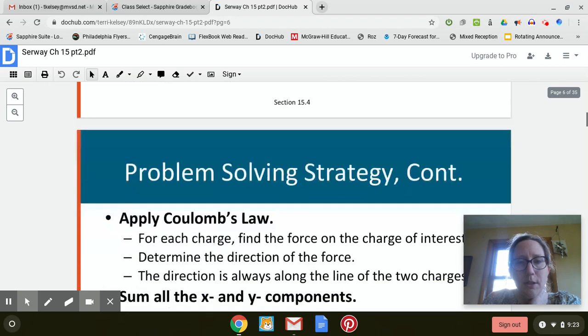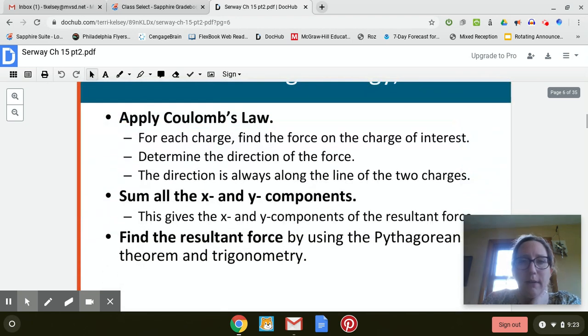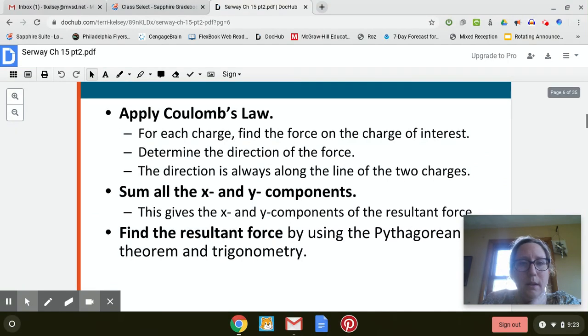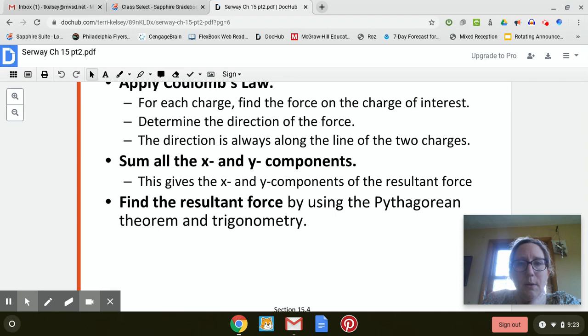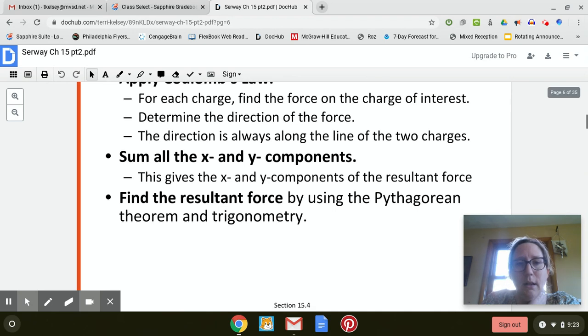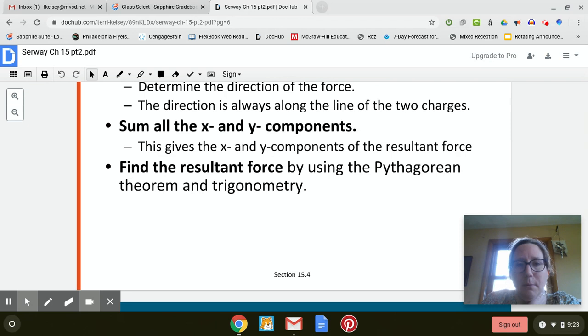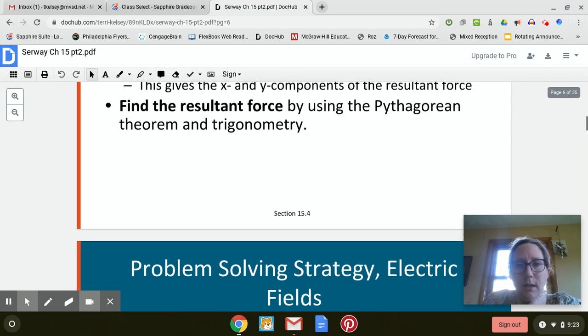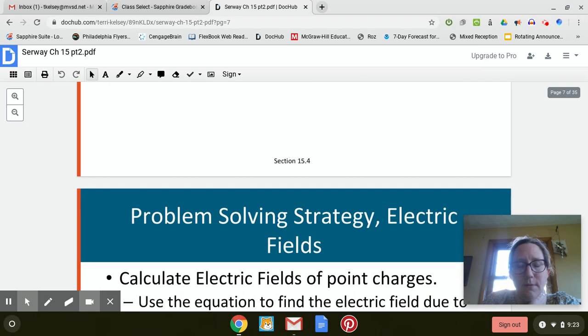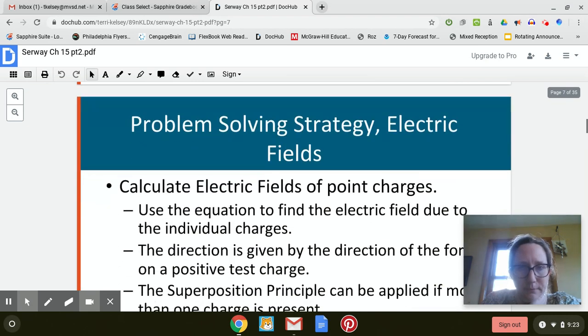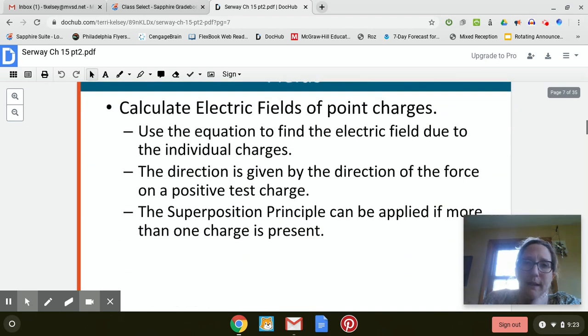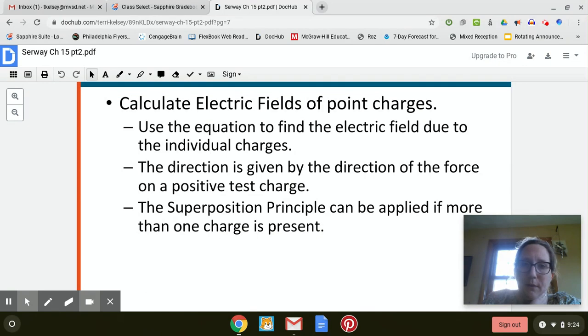Draw yourself a picture, label everything, break everything down into components, find the force, and make sure that you get the right direction and angle. Add all the x and y components, and then use the formulas to find the resultant and the resultant angle.